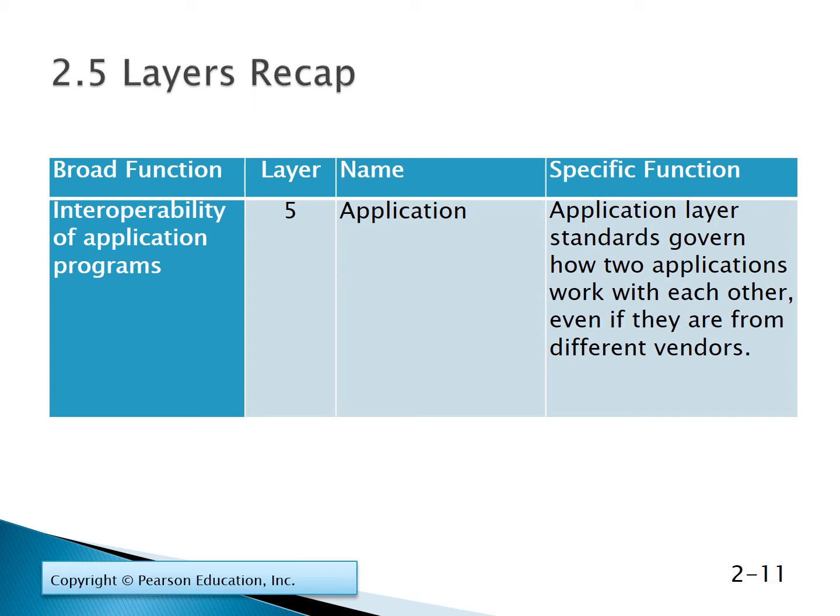And then we're talking about the web server. Again, the web server can be built by different companies. It can be Apache web server, Microsoft web server or other web servers. So as long as they follow the same standard, they can work with each other.